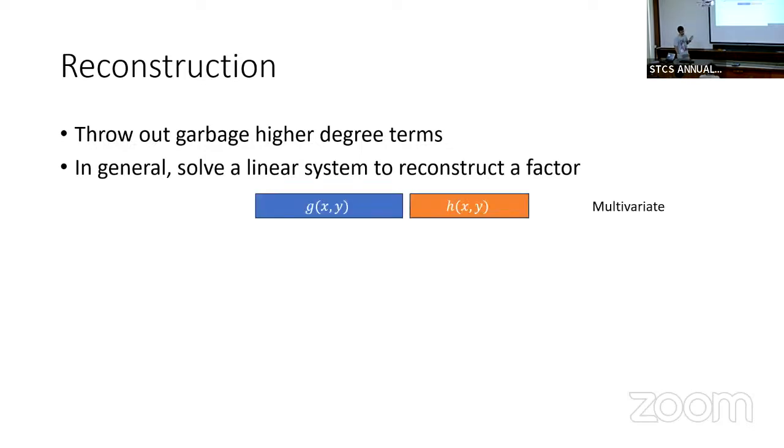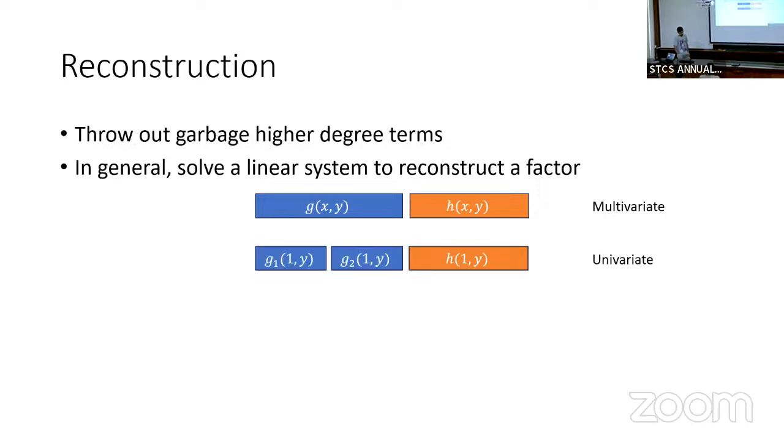And the intuition for why something like this might happen is, as I said earlier, it's possible that you started off with some factorization of this form. Let's say these are irreducible in the multivariate world. But once you went into the univariate world, the G might have decomposed into two irreducible factors, G1 and G2, and H might have stayed the same.